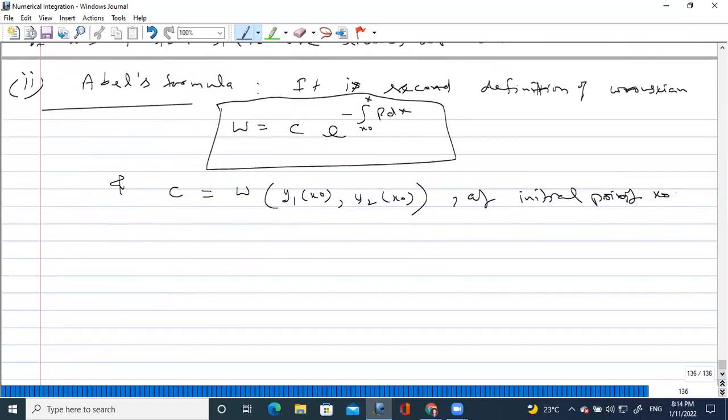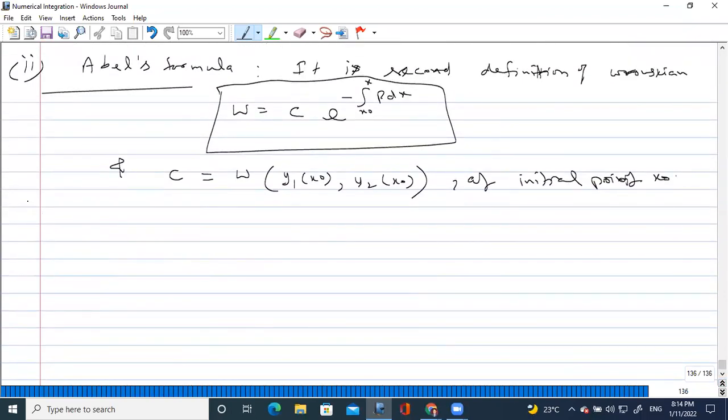Okay, now there can be a use of this Wronskian. If you know one solution out of y1 or y2, and both are dependent on each other, then the other one you can find by using the one.